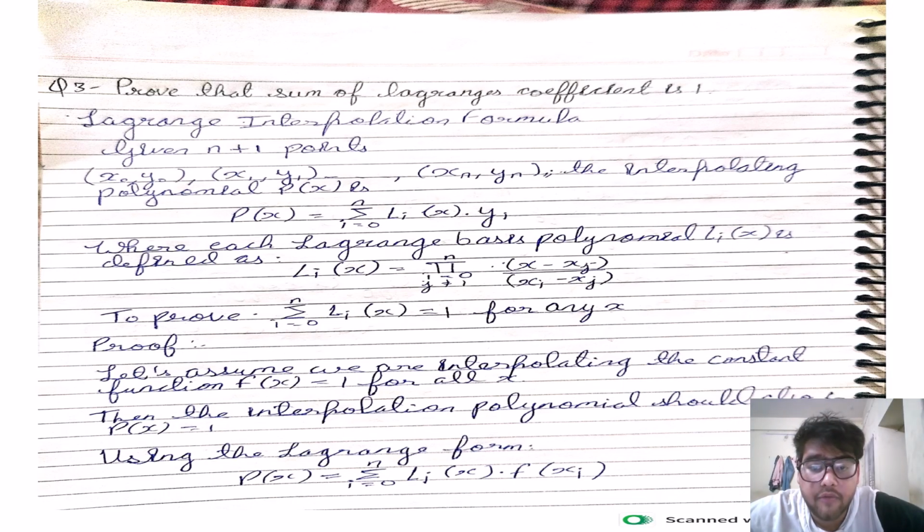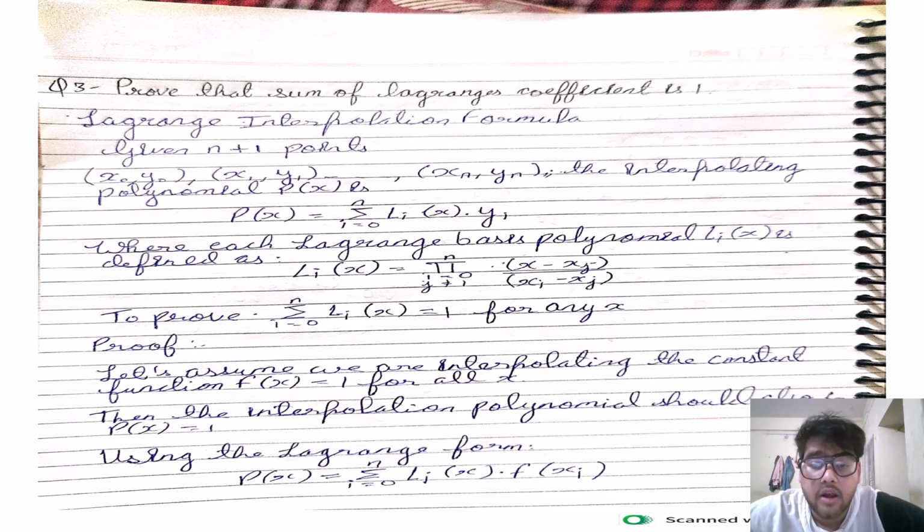So p of x is equal to the summation of li of x into yi from i is equal to 0 to n, where each Lagrange basis polynomial is defined as li of x is equal to the product of x minus xj upon xi minus xj, from j is equal to 0 to n, with j not equal to i.